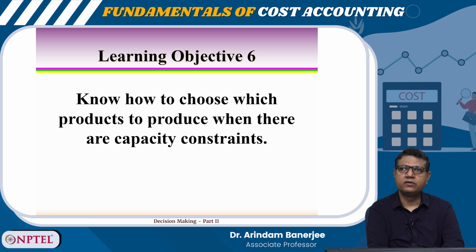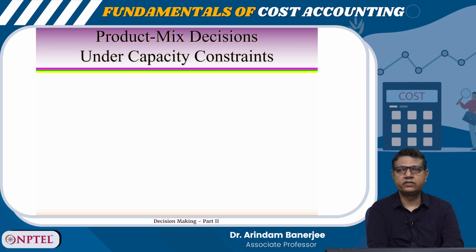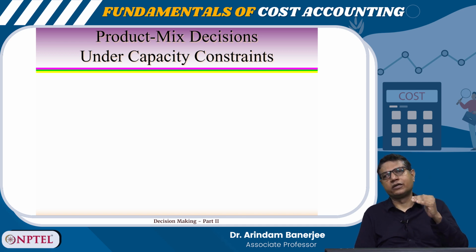So, we discussed make or buy, we discussed opportunity cost. Now, we will discuss a product we produce where there is a capacity constraint. What is a capacity constraint? When we decide which product to produce, suppose a company has 3 products, product 1, product 2, product 3, and I need to decide which product should get priority in production.